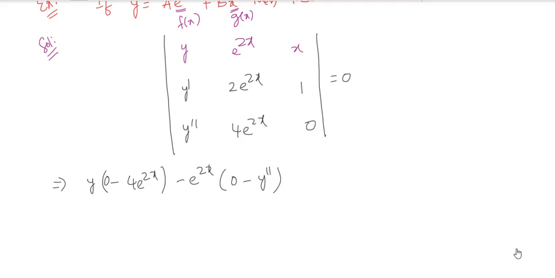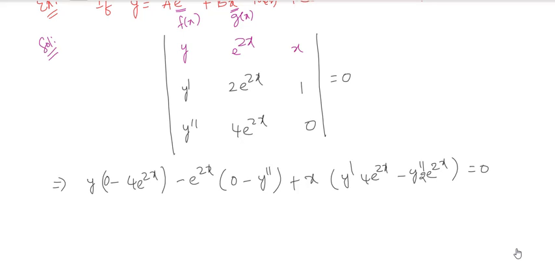Next one, plus x into y dash 4e to the power of 2x minus y double dash e to the power of 2x, and you will have a 2 also, 2 into e to the power of 2x, which is equivalent to 0. Am I correct or not?